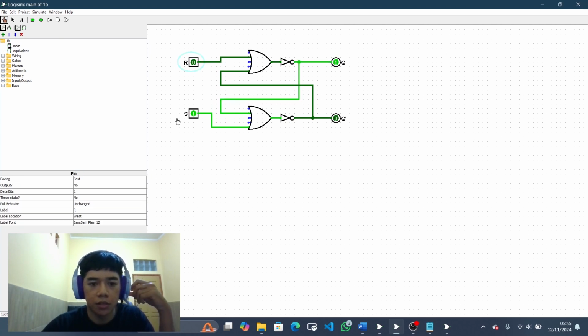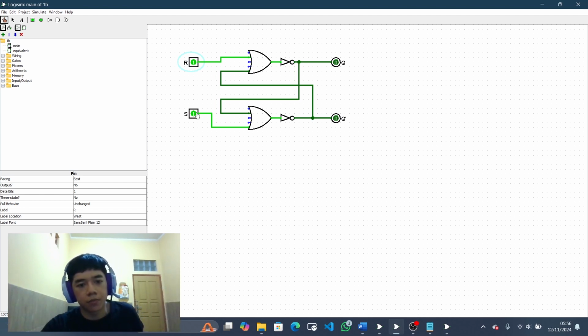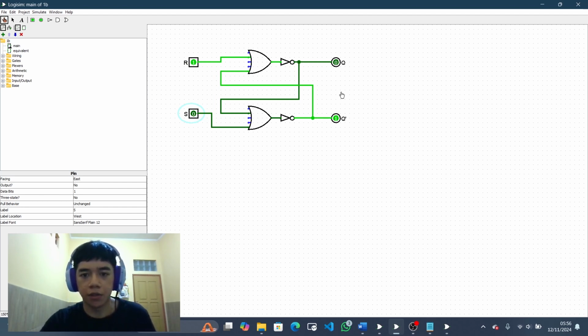When S is 1, the output will be according to Q here, so Q will be 1. But if you try to set and reset at the same time, you'll get nothing, because you cannot really set and reset things at the same time. When you move here, the reset, it will display the value here as 0, but the Q prime is 1.